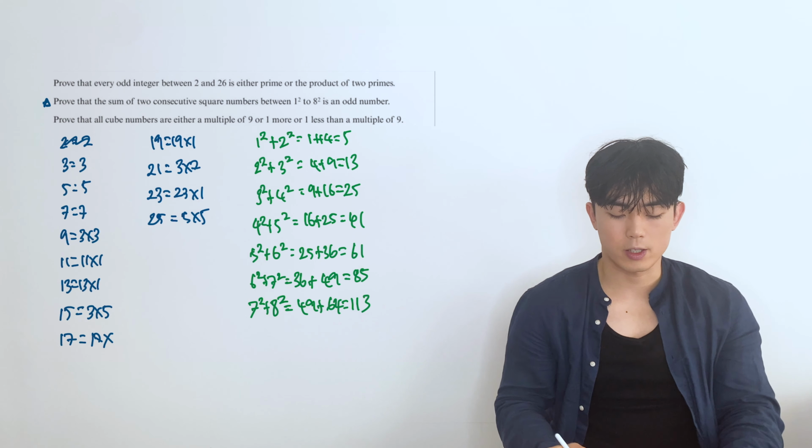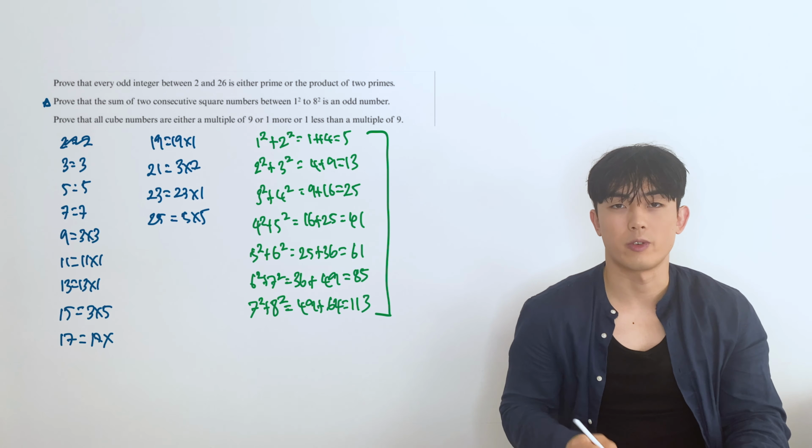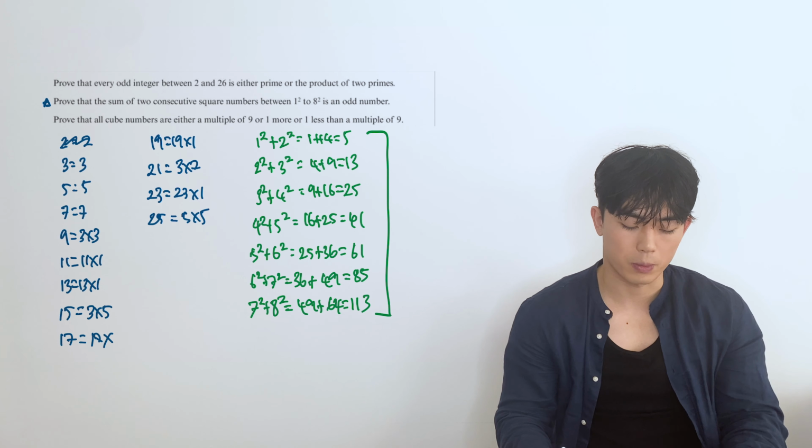Okay, so as you can see, all these values are odd numbers, so we proved by exhaustion that they're all going to be odd numbers.